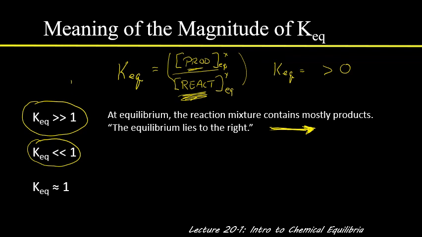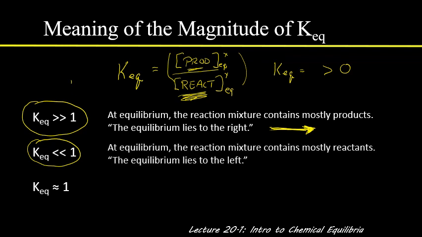The denominator is much larger than the numerator. That's what gives you a small K. And so in that case, at equilibrium, the reaction mixture contains mostly reactants. The reaction really doesn't go very far at all, and in that case, we say the equilibrium lies to the left.